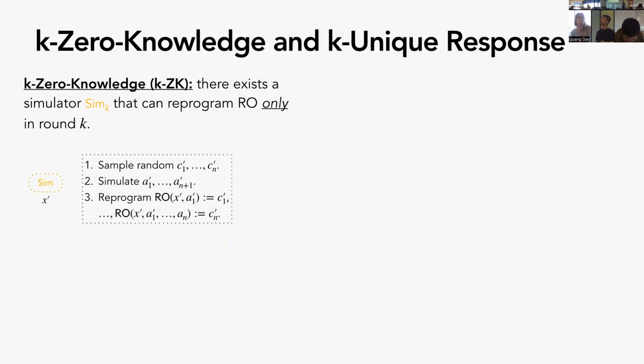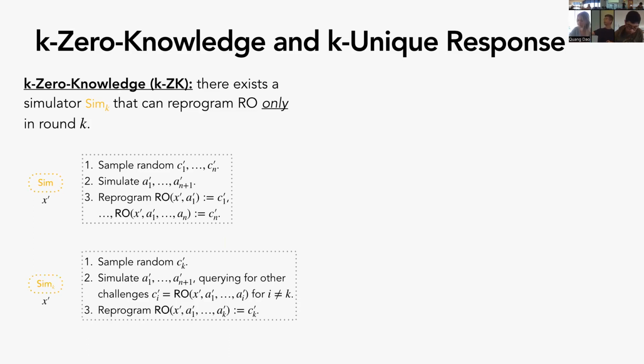First, there's K-ZK, knowledge zero-knowledge, where there exists a simulator, I'll call this SIM-K, that can reprogram the random oracle only in the Kth round. So this is the usual simulator, and this is the KZK simulator. It can only reprogram in the Kth round instead of in all the rounds. And we want the resulting simulated proofs to be close.